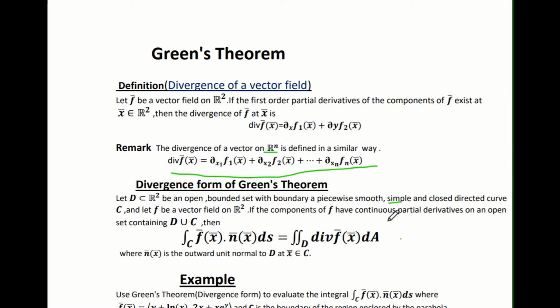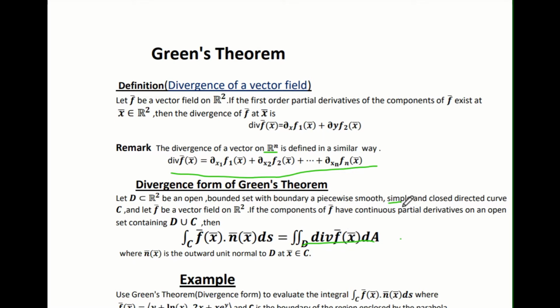If the components of F have continuous partial derivatives on an open set containing D union C, then the integral of F is given by this. So that's the formula for the divergence form.